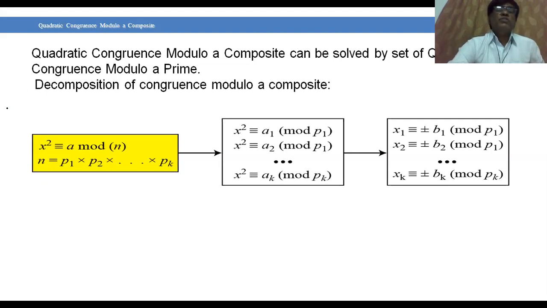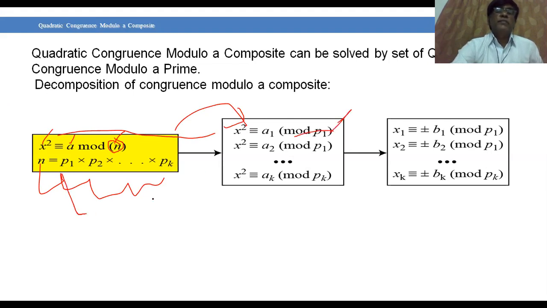For example, x square is congruent to a modulo n, where n is a composite value, the product of some elements. N is assumed to be p1 into p2 into up to pk. Then this can be written as x square congruent to a1 mod p1, then another equation, x square congruent to a2 mod p2, then p3 up to pk.